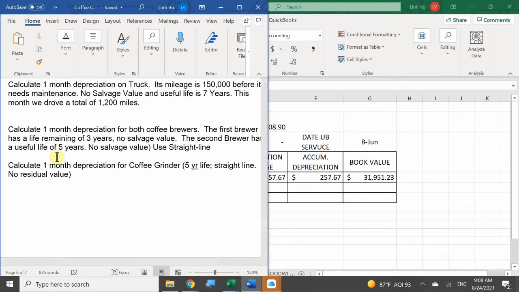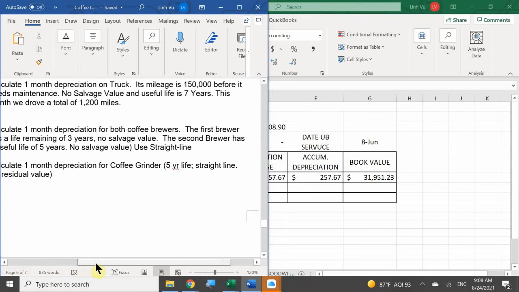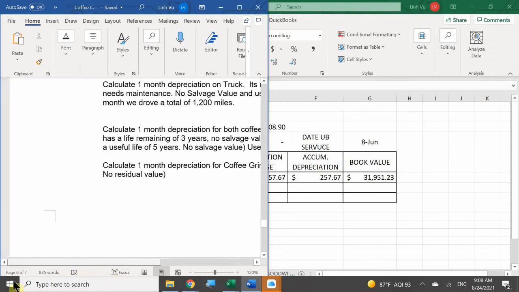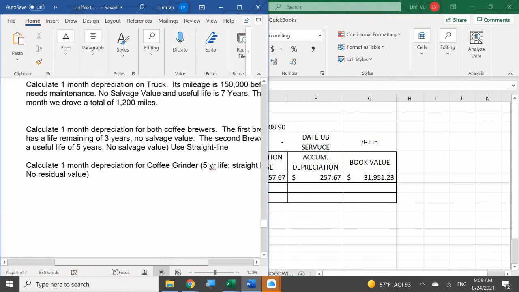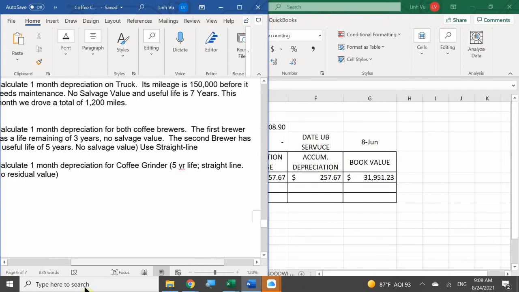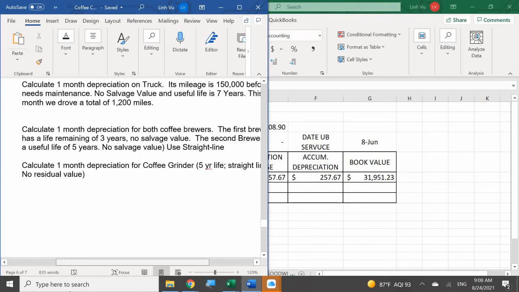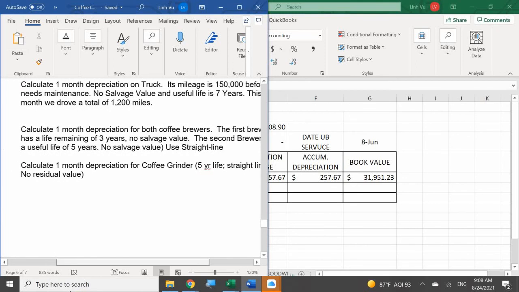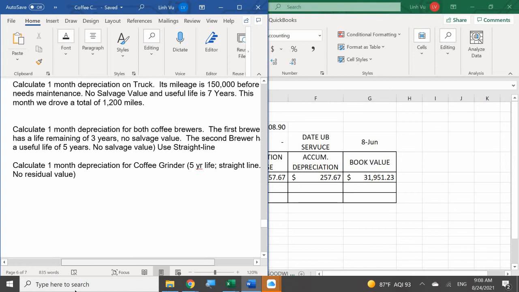The first coffee brewer has a life remaining of 3 years, with no salvage value, while the second brewer has a useful life of 5 years, no salvage value. Use straight line.